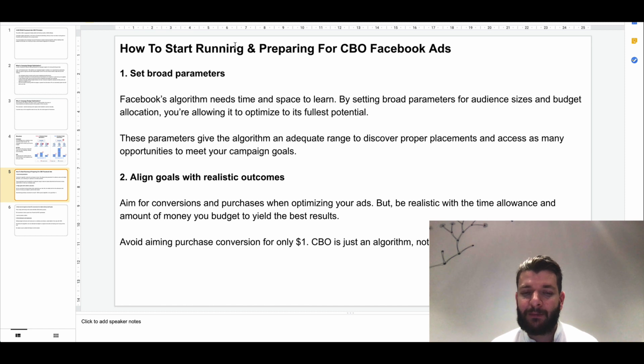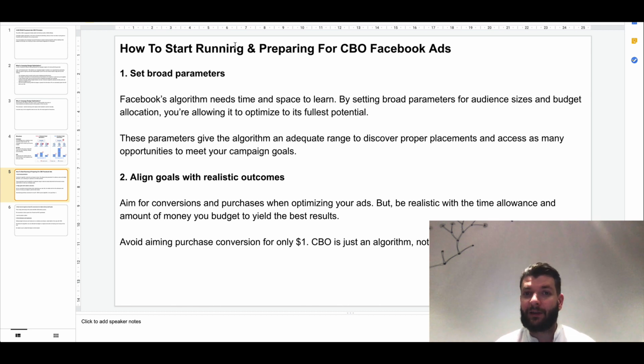Whereas the Facebook algorithm needs time and space to learn, right? So if you set broad parameters, for example just age, gender, and country, this is one of the best performing assets that we've had for some of our products, where you don't even have targeting options, no interests, no lookalikes.